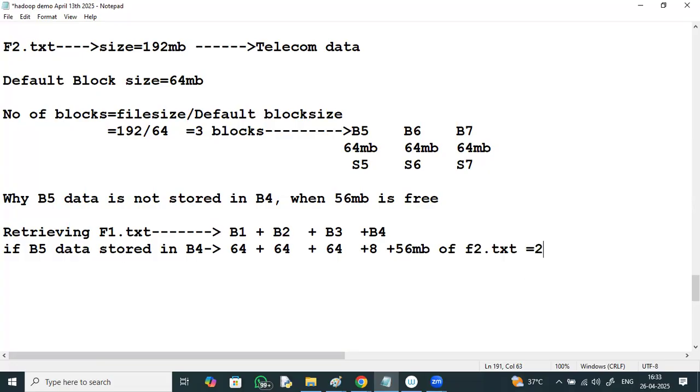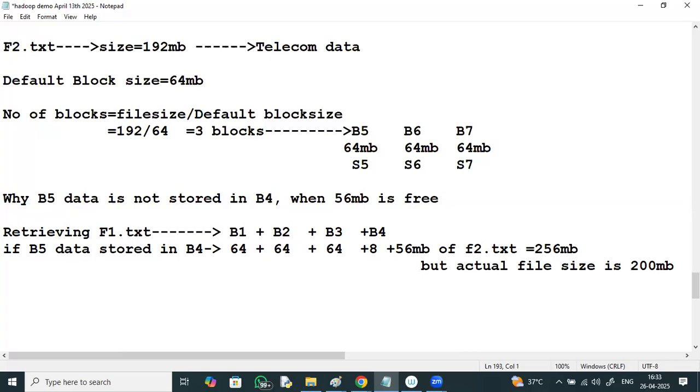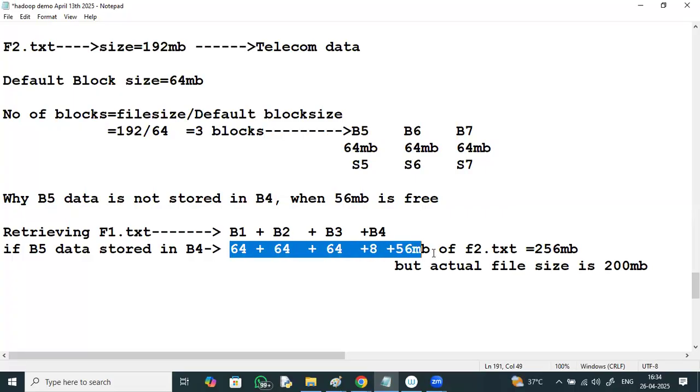Totally you are getting 256 MB. But the actual file size is 200 MB.